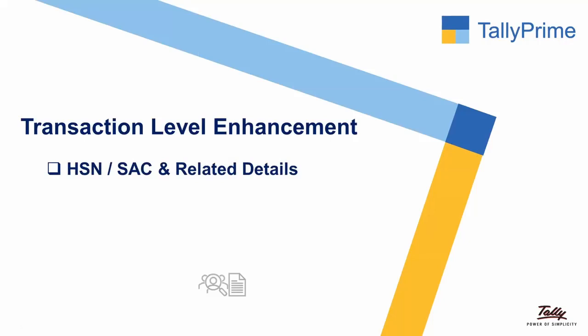Initially in Tally ERP9 or the later stage TallyPrime, we had this HSN and SESC classification at the master level, like in our inventory information, stock groups or stock items, or in the accounting groups, accounting masters or accounting ledgers, primarily at the company level features, right? So now it is moved to transaction level enhancement here at Tally Prime 3.